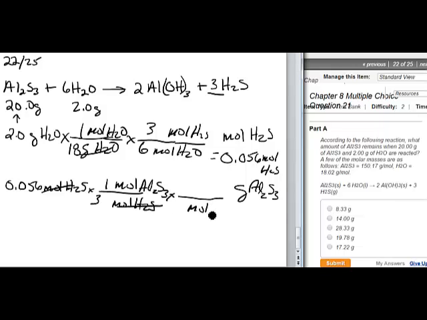So just put moles of aluminum sulfide down here, grams of aluminum sulfide up here, and that's given to be 150.17, so 150.2 grams of that.